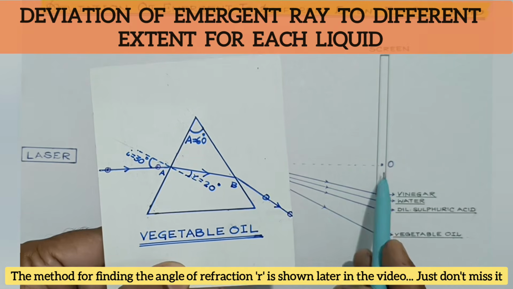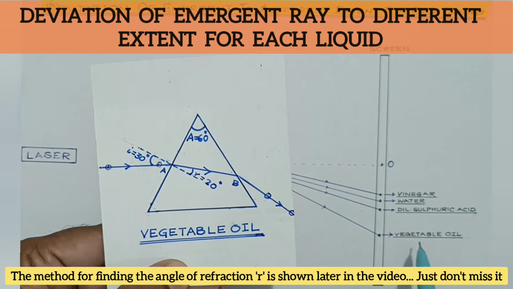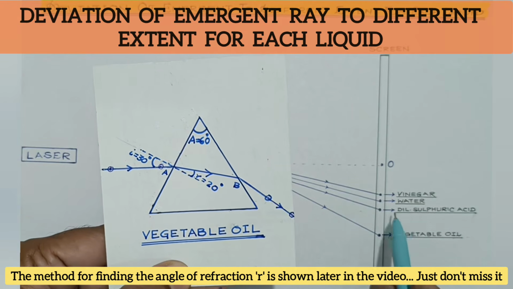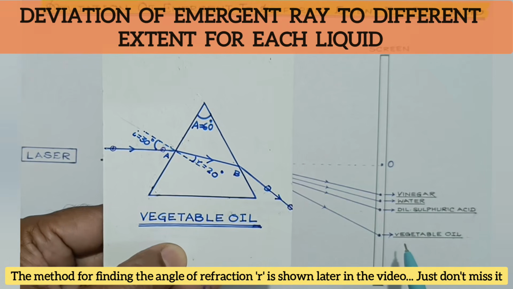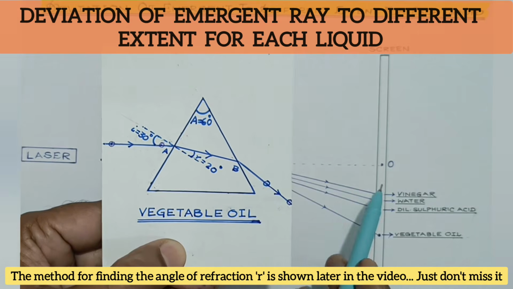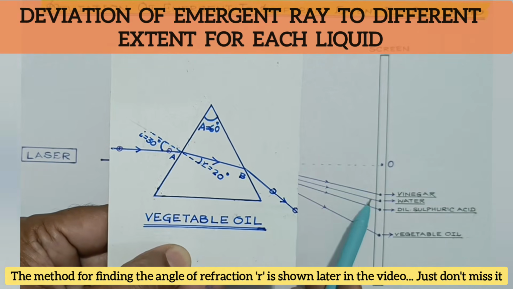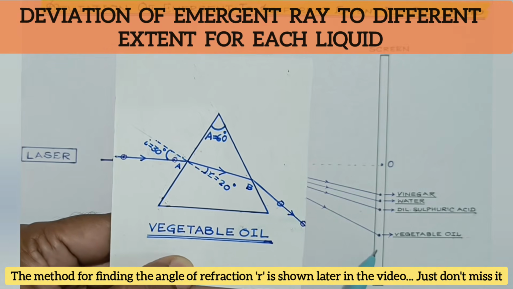So in this case, the spot gets deviated through a larger extent, indicating that the refractive index of vegetable oil must be greater than that of dilute sulfuric acid. The greater the optical density of the liquid, the greater will be the deviation suffered by the emergent ray, and the greater is the extent through which the spot will be obtained from the center of the screen, right?